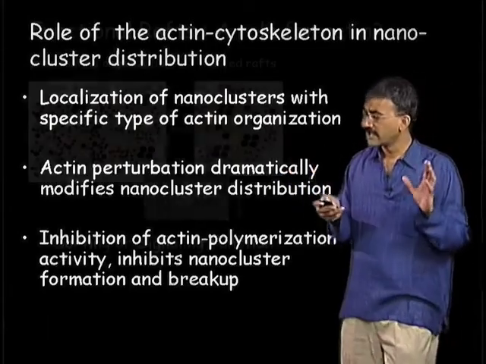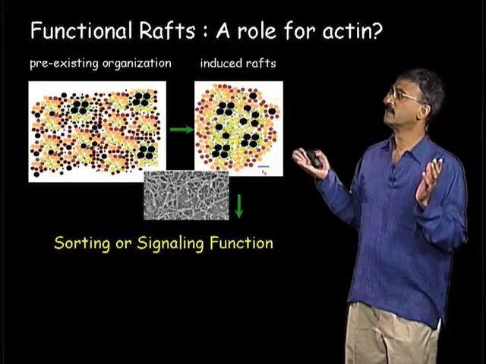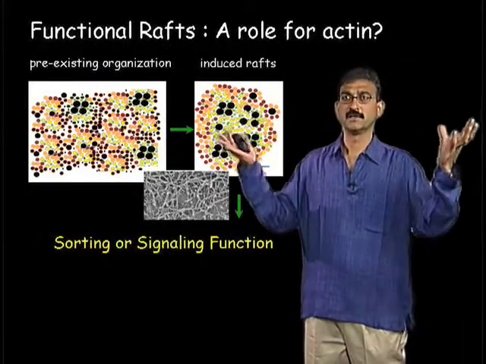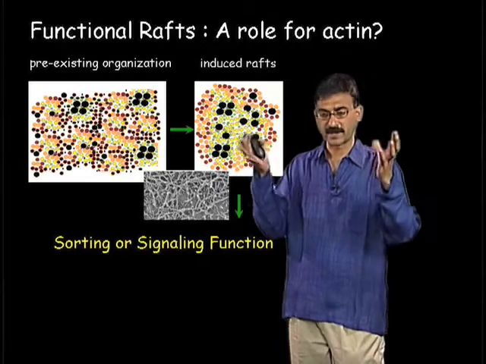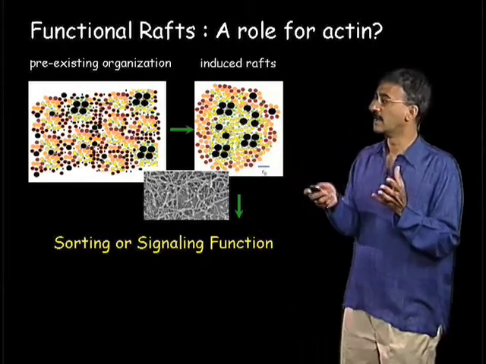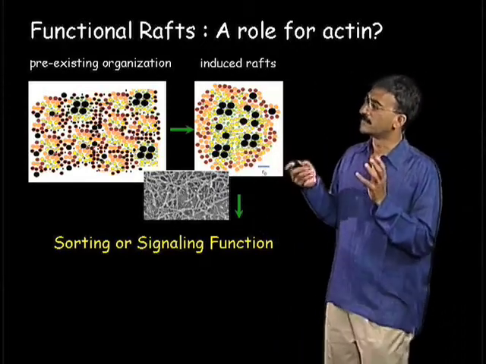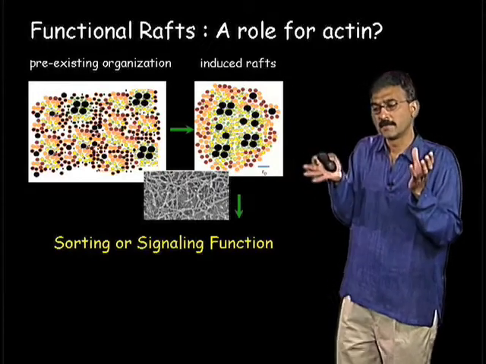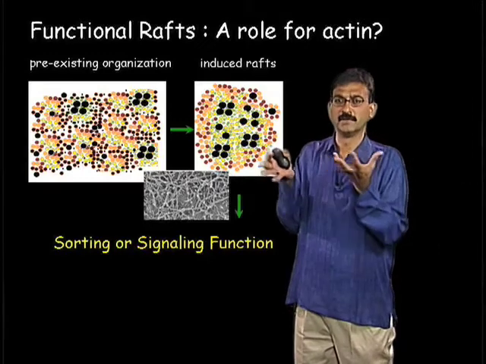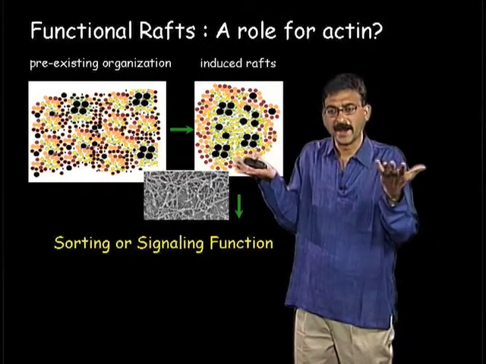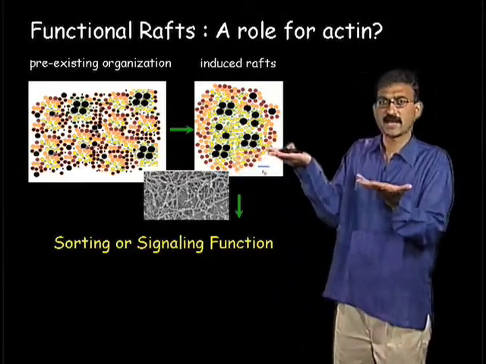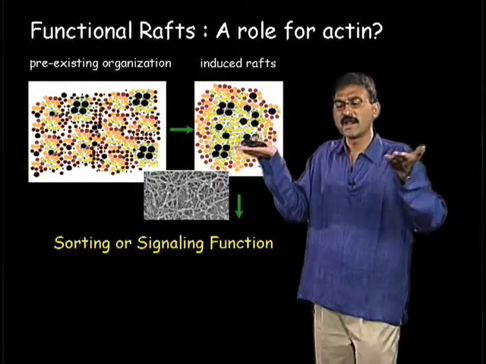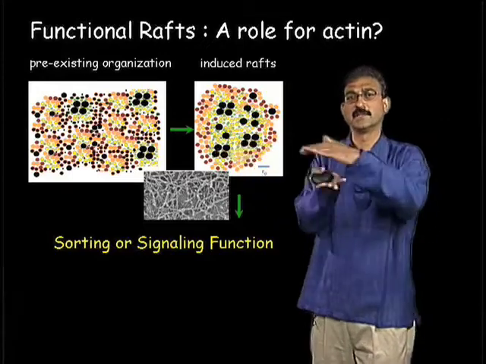So it seems as if we may have something that motivates the formation of these regions in cell membranes where nanoclusters are concentrated. In fact, the regions where nanoclusters are concentrated correlate with regions of actin where the actin cytoskeleton is likely to be arranged in a horizontal fashion beneath the plasma membrane.